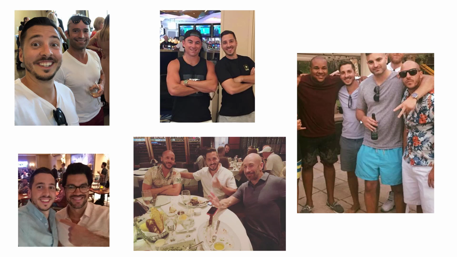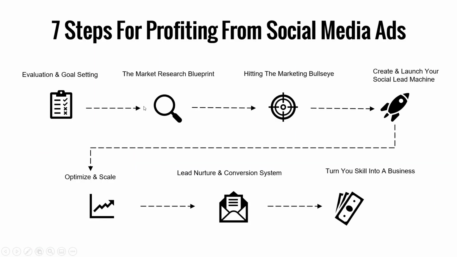So people like Jason Hornig, Billy Jean, Joe Polish. So these are people that I could literally call or text and they'll get back to me. So I've had access to some of the best Facebook ads experts in the world, as well as going out there, pretty much picking up every course on this material and then spending my own money. So this is really what the combination of this system is. And again, it's these 7 steps.